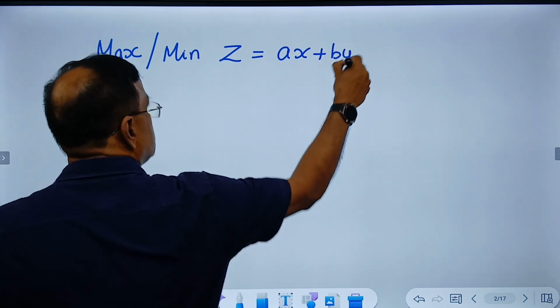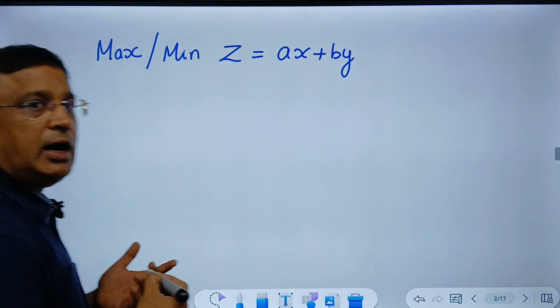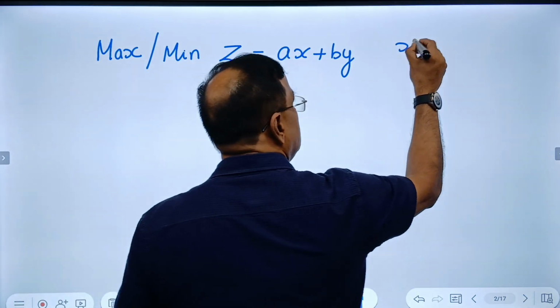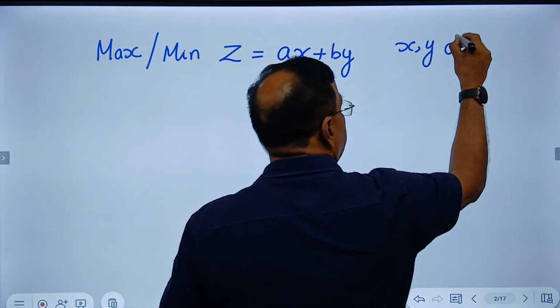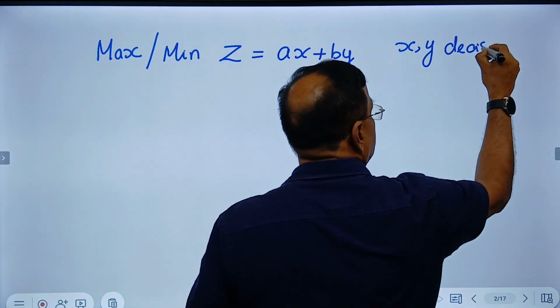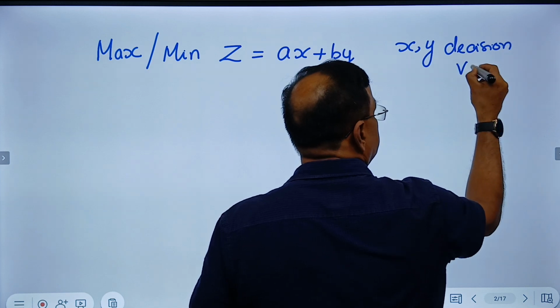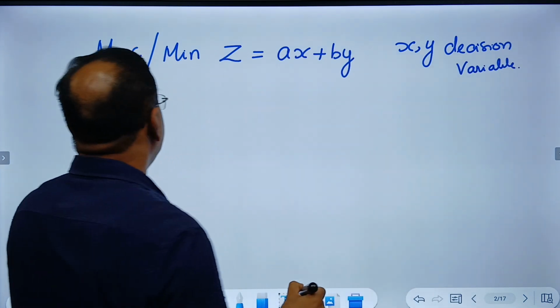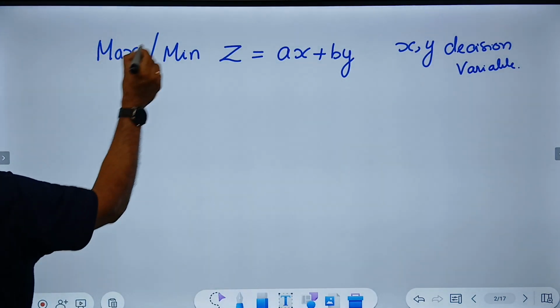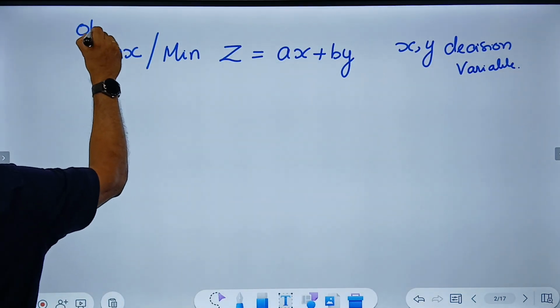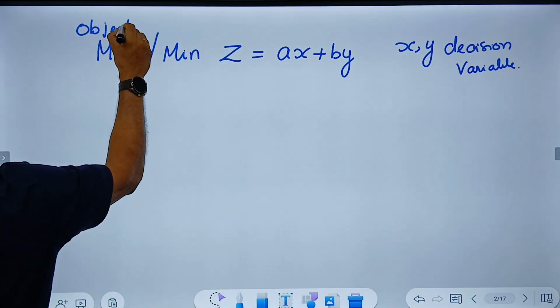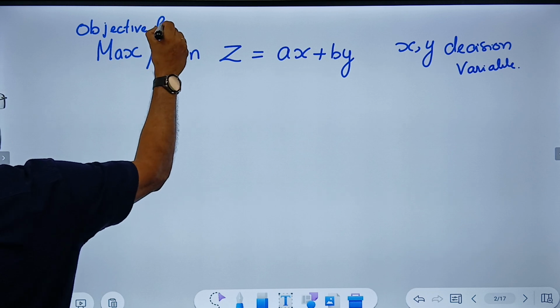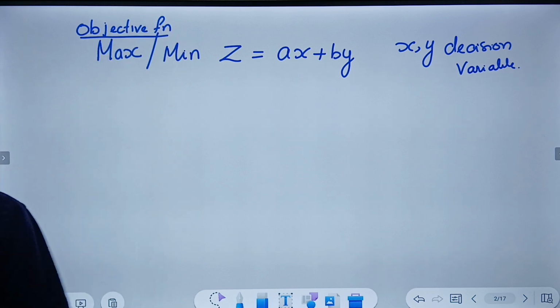It's a linear equation where x and y are the variables. We can call them decision variables. So a linear programming problem should definitely have an objective function, either to maximize or to minimize.